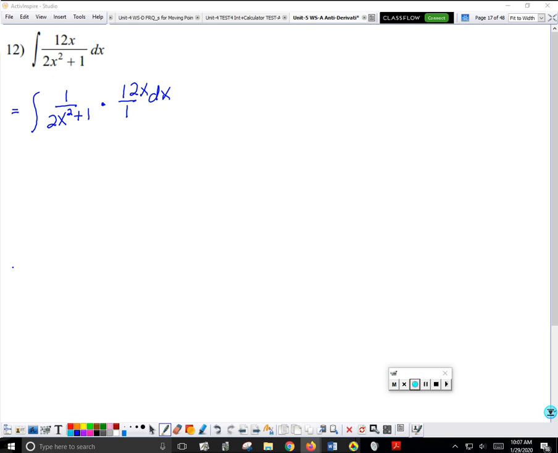Awesome. Okay, it's also helpful to get rid of multiplying constants. So I would have pulled out the 12. Questions?